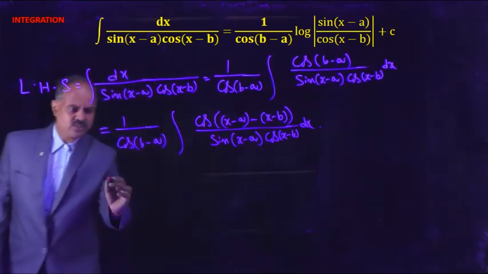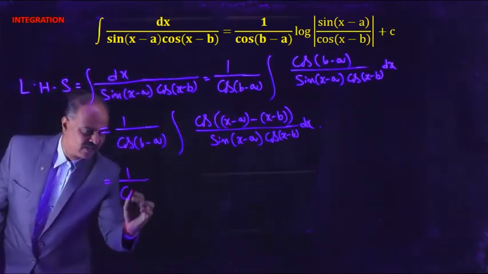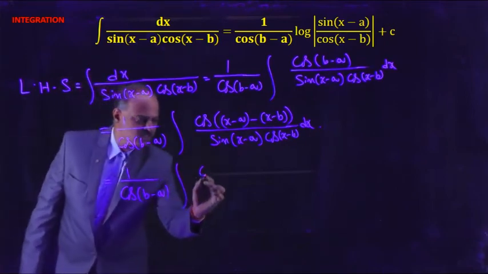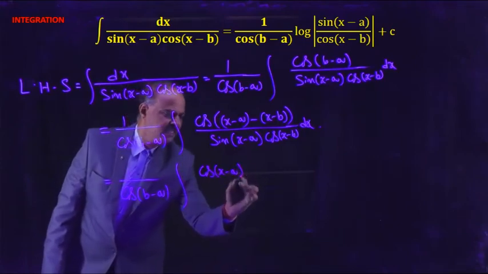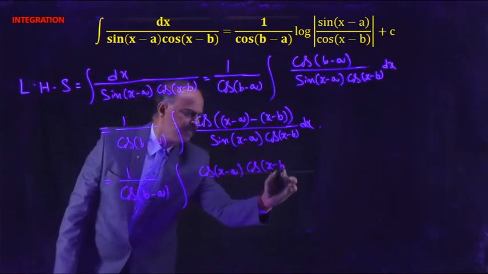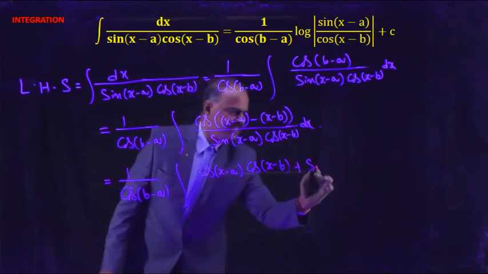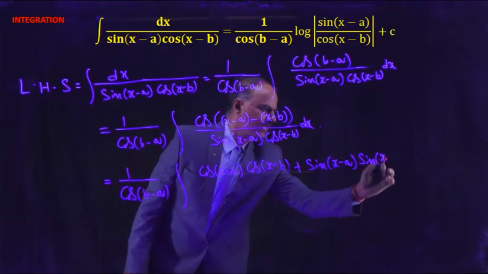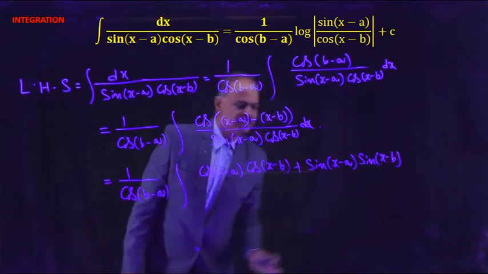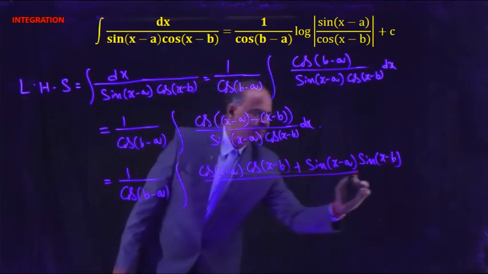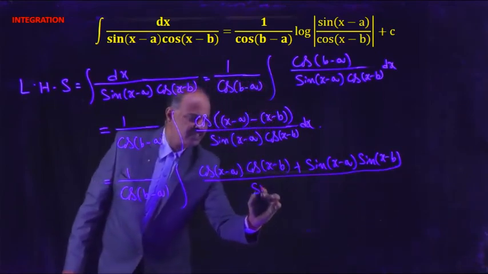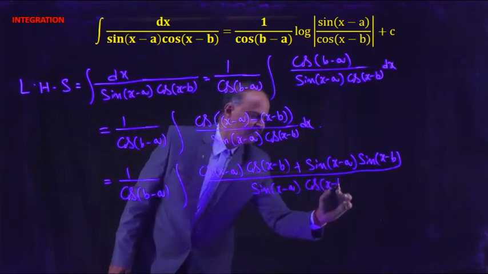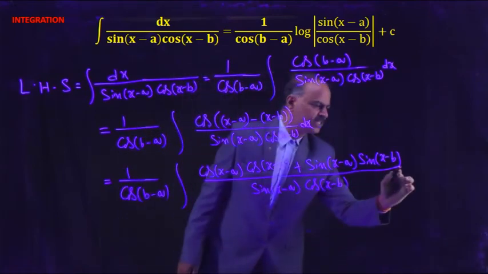Now this equals 1 by cos of (b minus a) into integral, so here cos (x minus a) into cos (x minus b) plus sin (x minus a) into sin (x minus b), divided by sin (x minus a) into cos (x minus b) into dx.